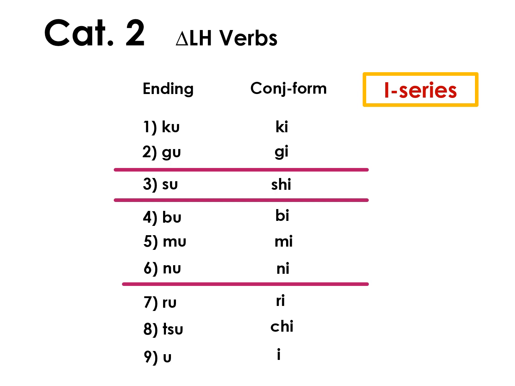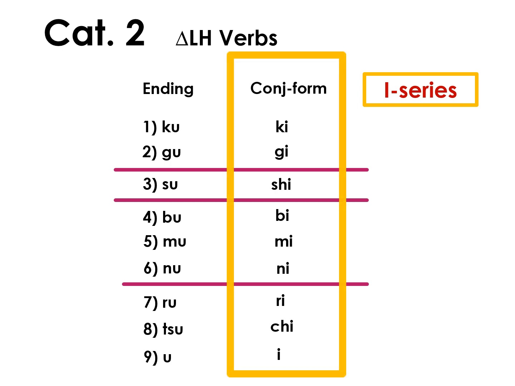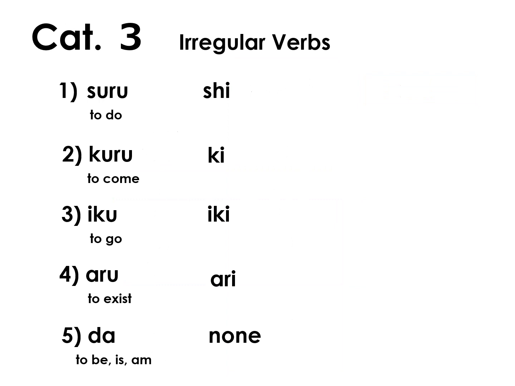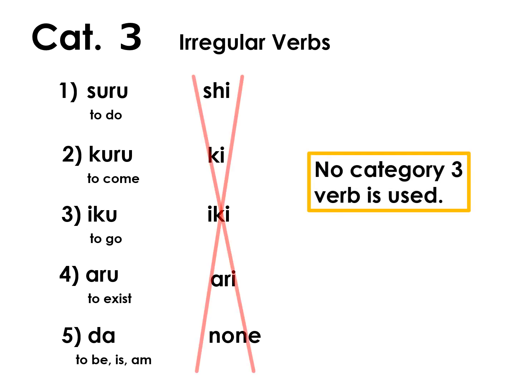For conjugating Category 2 verbs, it's the verb ending you need to pay attention to, and you change them into the I series. As for the Category 3 or 5 commonly used irregular verbs, none of them can form nouns, so we can forget about them.